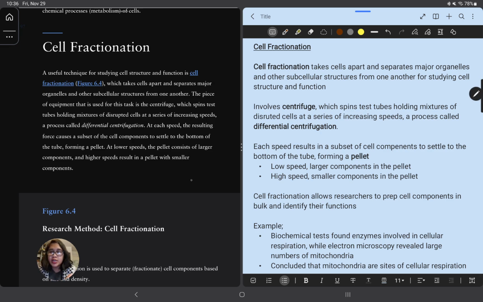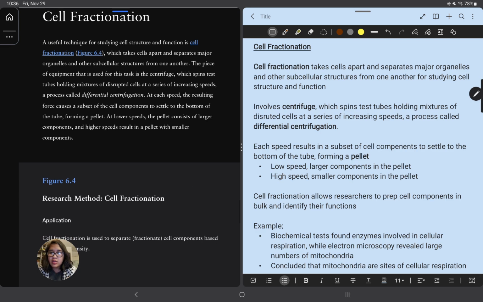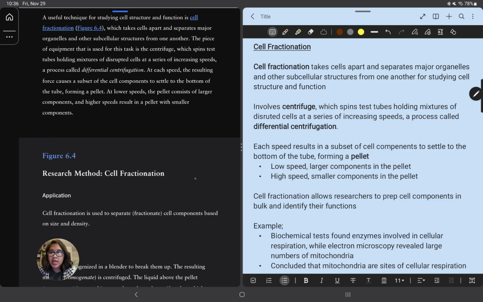Cell fractionation. A useful technique for studying cell structure and function is cell fractionation, which takes cells apart and separates major organelles and other subcellular structures from one another. The piece of equipment that is used for this task is the centrifuge, which spins the test tubes holding mixtures of disrupted cells at a series of increasing speeds, a process called differential centrifugation.